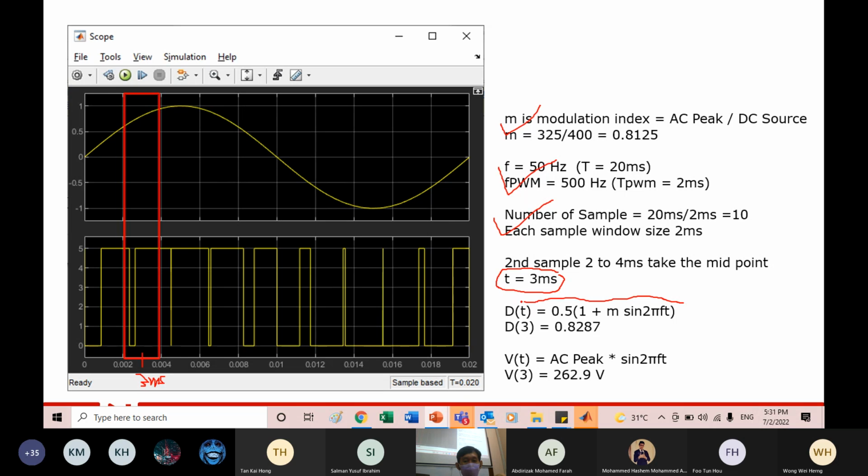The equation is still the same. The 1 is the same, the modulation index is the same, but 2 pi f t, which is omega t, is different. You can see the duty cycle goes to 0.82 because the magnitude is higher, and when you calculate this, it represents 262.9 volts.